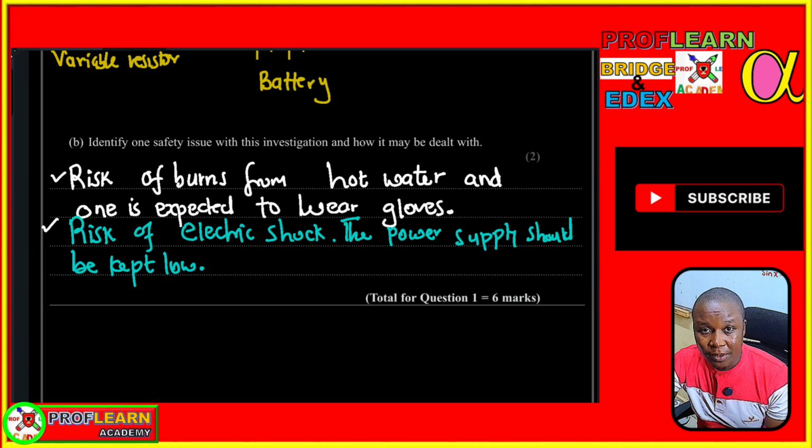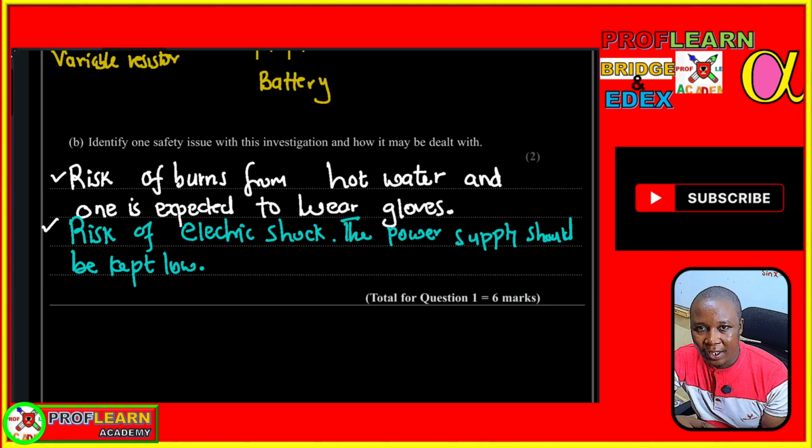To protect yourself against that, you put on gloves so that you don't come into contact with the electrical live wires. Also, you can reduce the voltage of the power supply, right?